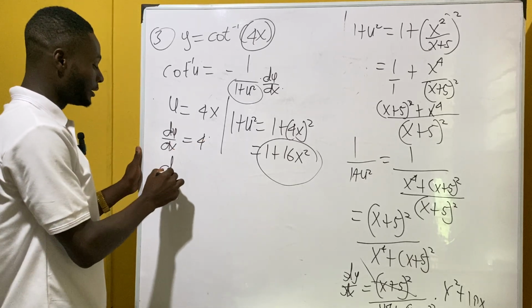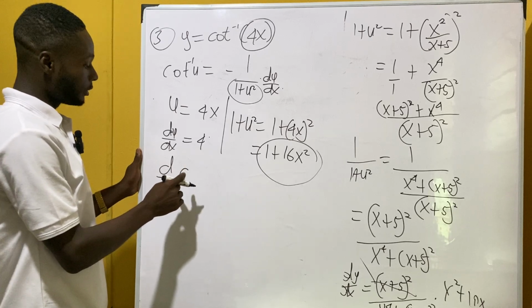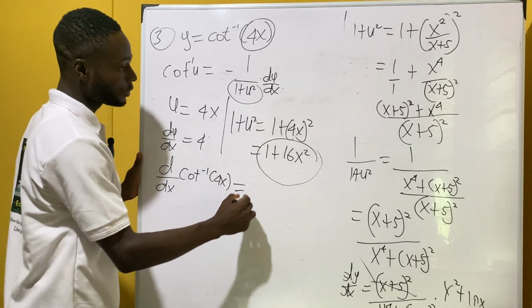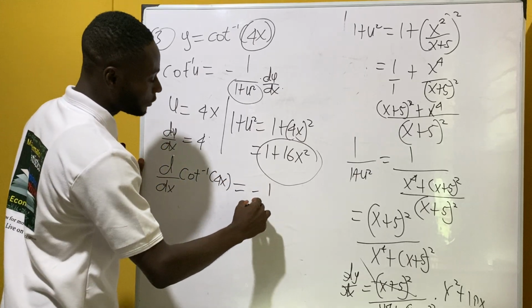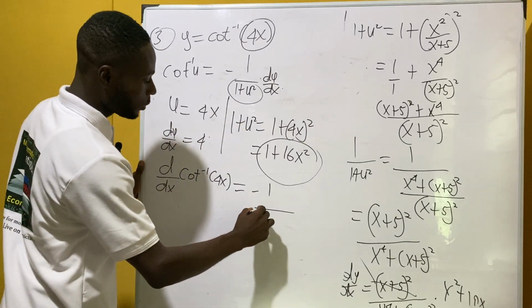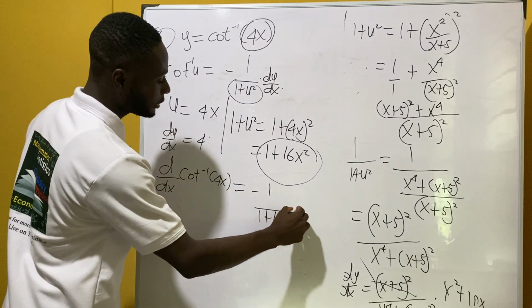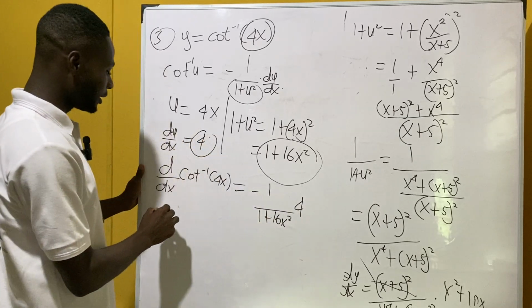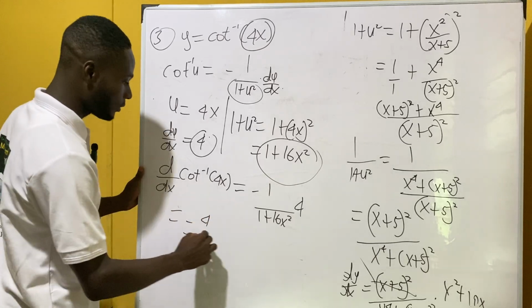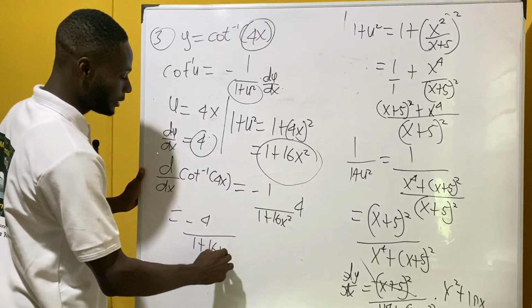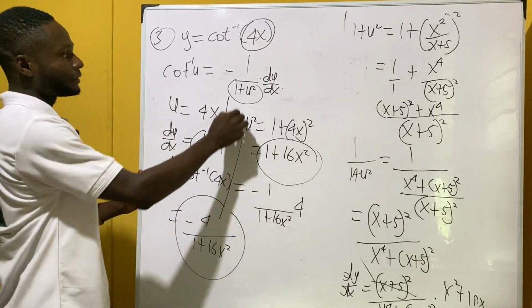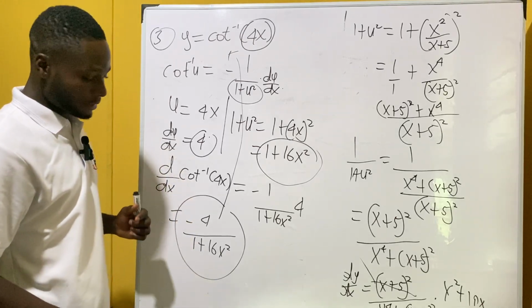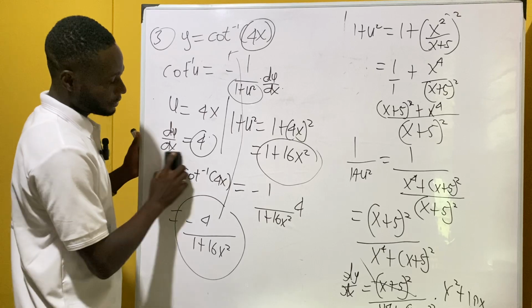So we can say that d dx of cot inverse of 4x is equal to negative 1 over 1 plus 16x squared, then our du dx is right here to be 4. So this is equal to negative 4 all over 1 plus 16x squared. And this is the answer to this particular problem. So let's move on to our next problem, which is the tan inverse, right?